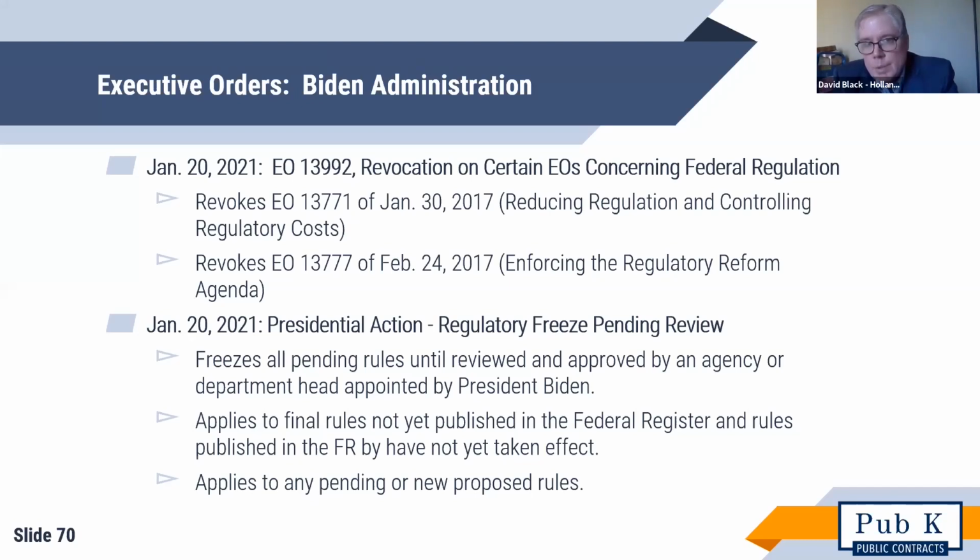That is no longer a requirement for federal agencies issuing regulation. In EO 13777, there was also a requirement to make sure that the total cost impact of the new regulation was at least neutral, and it provided some guidance on how to measure the cost of regulation. So this whole initiative of the early Trump administration is now off the books.